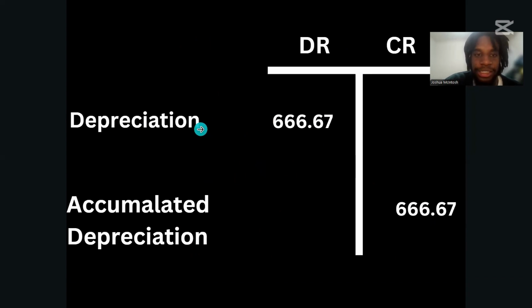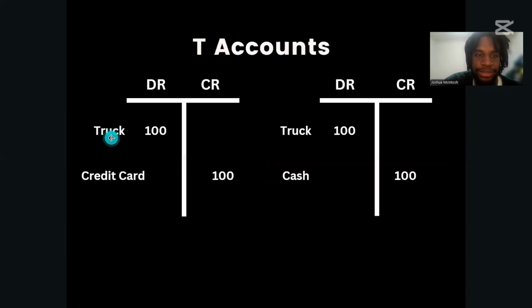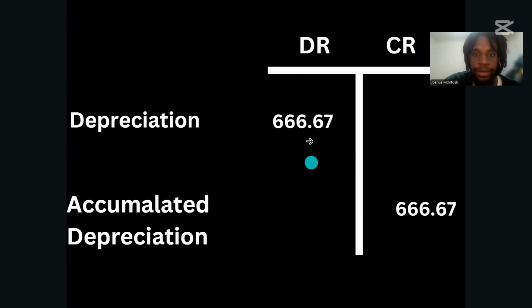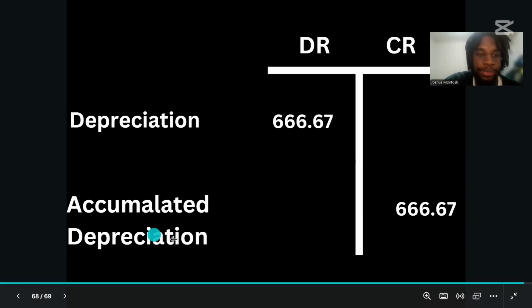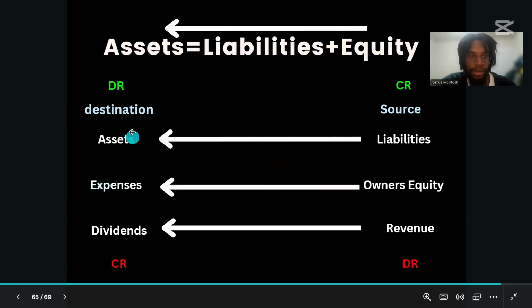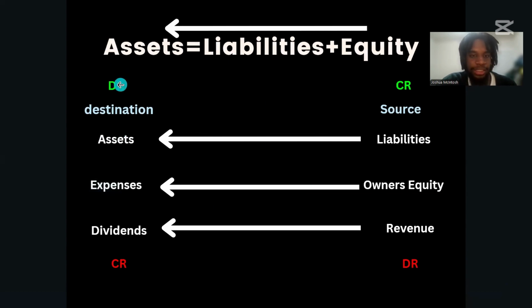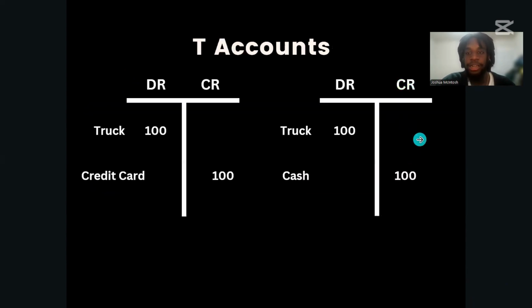So depreciation is an expense, it's a destination. So we're going to debit it by $667. We know accumulated depreciation is a contra asset. We debit assets when we increase them, and we're going to increase accumulated depreciation. So since we're doing the opposite now, since contra means opposite, we're actually going to credit this contra asset.